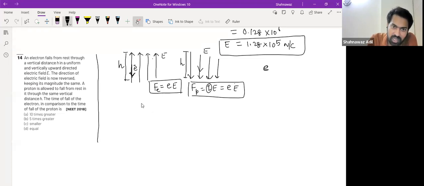You said correctly that F electron would be minus eE. But we are just calculating the magnitude, so we don't bother about this minus sign.